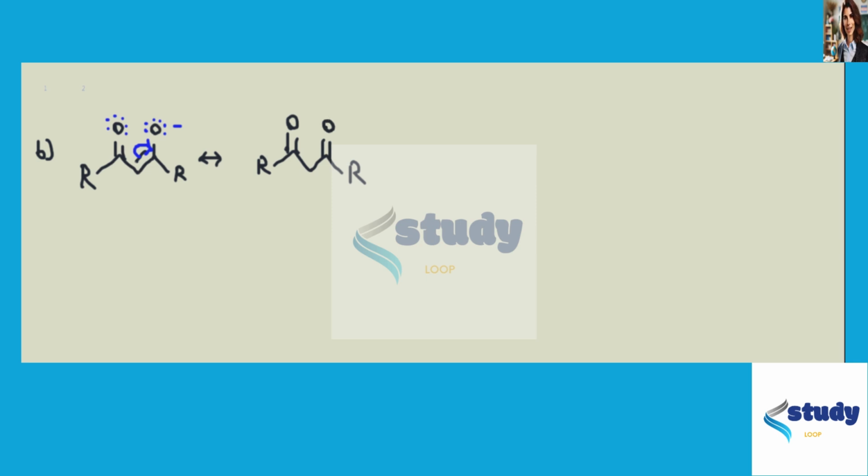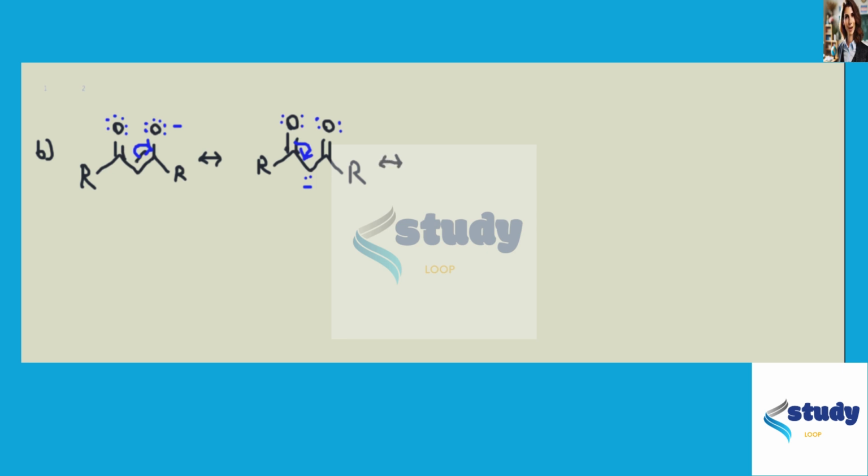We now have this resonance structure with the lone pair and the negative charge on the center carbon. Then we can also move electrons like this and draw another resonance structure.